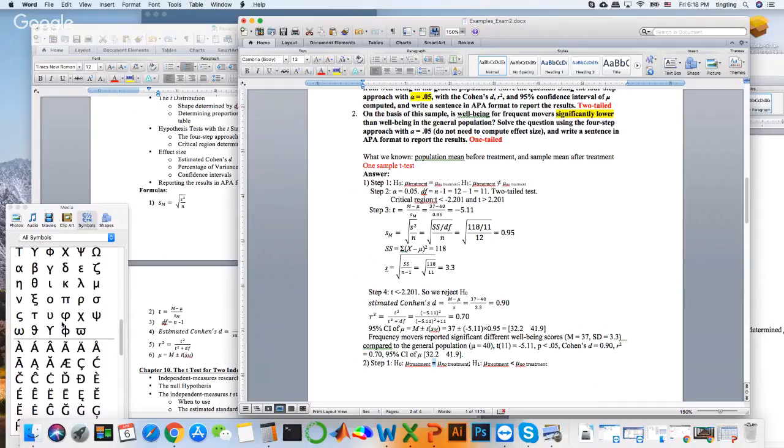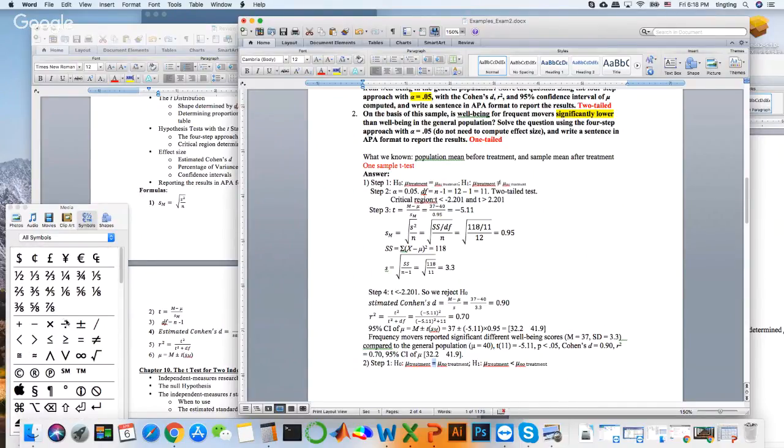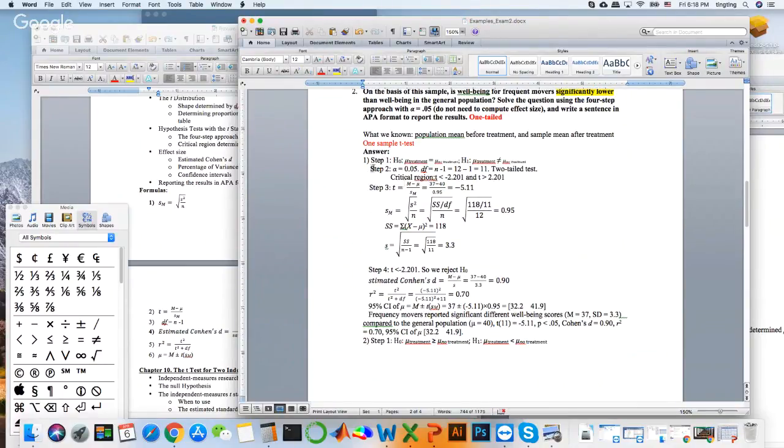Therefore, the null hypothesis will be not significantly lower, meaning it should be greater or equal to the mean before treatment. And then let's start to determine where the critical region is. So here, we change to a one-tailed test. And also because our hypothesis is lower than the population mean before treatment, it's on the left hand side, right?